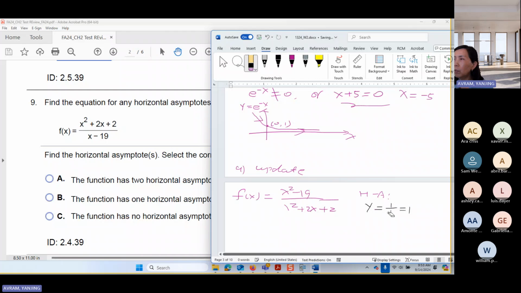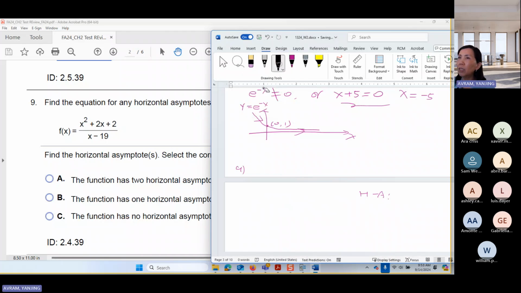I usually tell people, how do you find a horizontal asymptote? You usually make sure the degrees are the same if you are using the ratio of the coefficients. So why doesn't this one have a horizontal asymptote? Let's see.